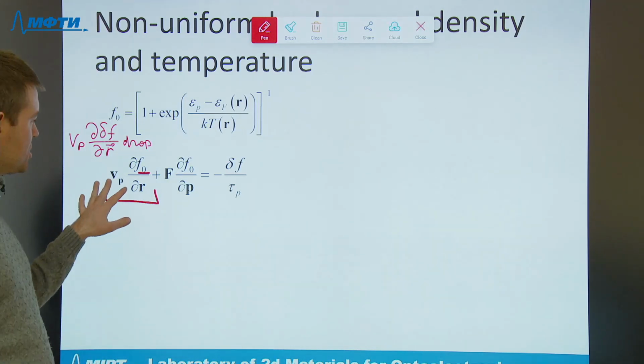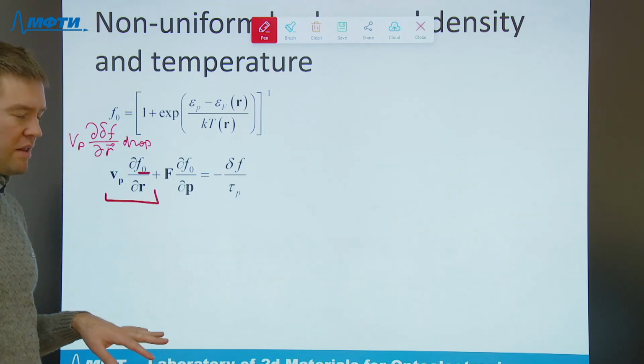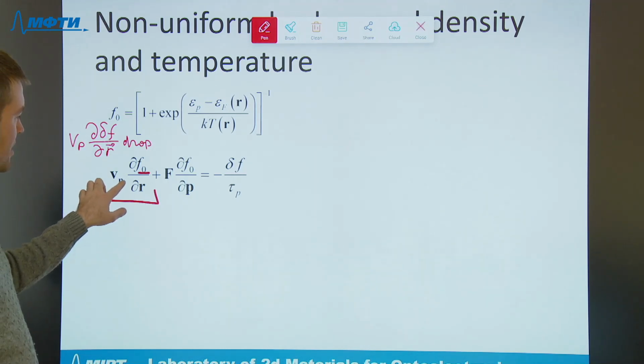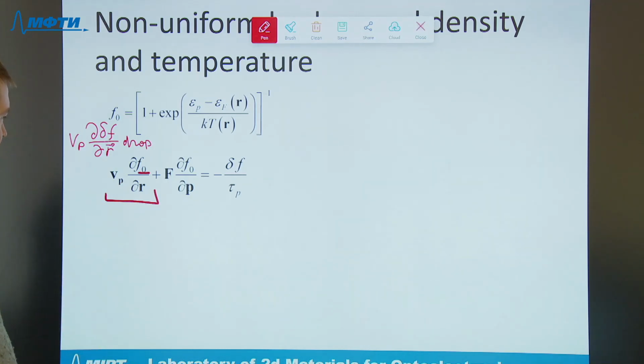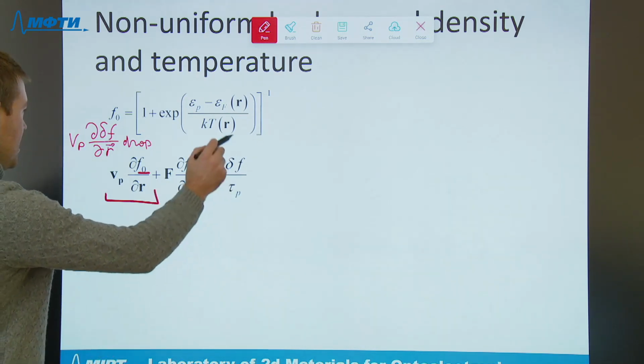This equation is not much harder than the previous one. We just need to expand this derivative of equilibrium distribution function with respect to the space. So let's do it explicitly.